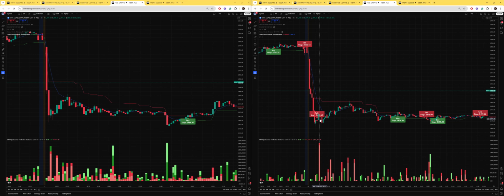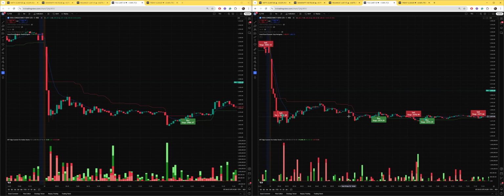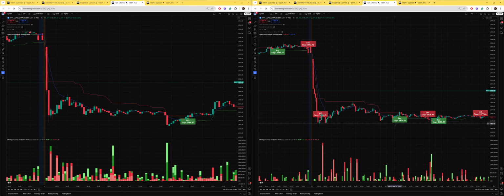Then it went up slightly and got resistance there. Now you can sell there as well. But you have to understand that after such a huge fall, selling right below is a little risky.